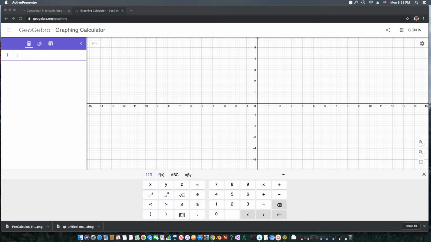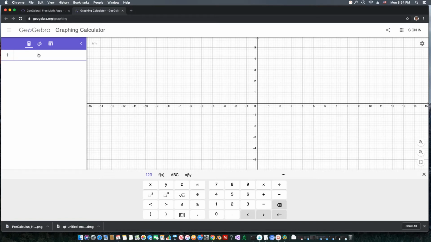Okay, so previously we described the midpoint formula, and then we also did an example with a couple of points to show the midpoint. We used the values -4, -2 to represent one point, and we also used the values 8 and 2 to represent the second point. The midpoint came out to be the coordinates 2, 0. So what we want to show is let's actually enter the points and let's see what happens.